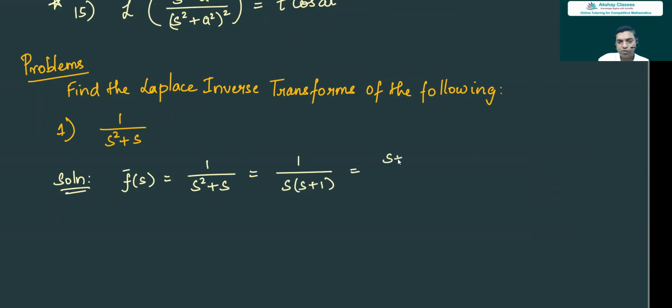And this 1 we can write as (s plus 1 minus s) divided by s into (s plus 1). So we get 1 by s minus 1 by (s plus 1).